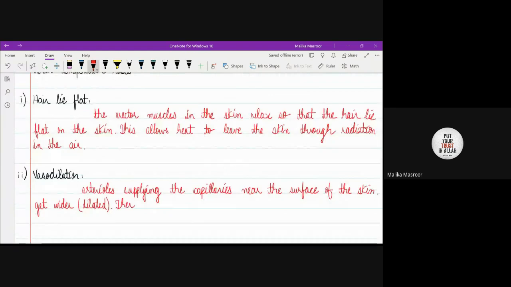Therefore, more blood flows through these capillaries near the surface.